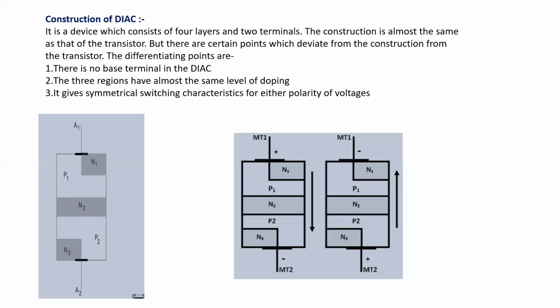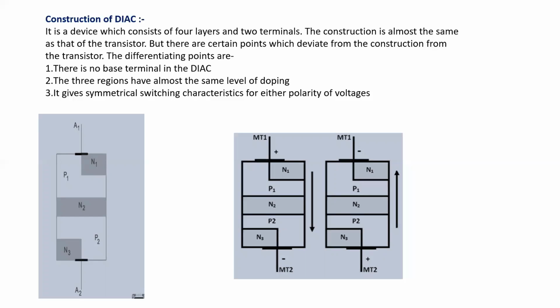If I say that the main terminal MT1 is positive, then the current flows from MT1, layer N1, layer P1, layer N2, layer P2 and layer N3 to terminal MT2, which is negative.